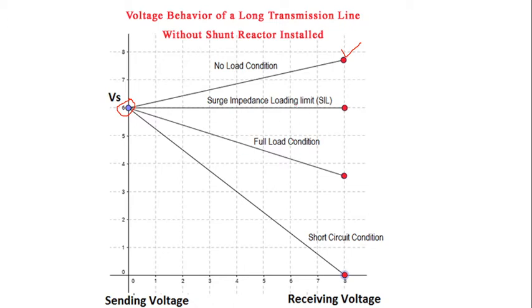Now for the full load condition, the receiving end voltage is lesser than the supply end voltage. And for the short circuit condition, the receiving end voltage is going to be zero, whatever the supply voltage Vs. So this is the behavior of a long transmission line with or without the shunt reactor.